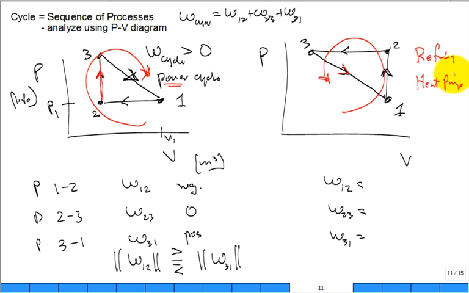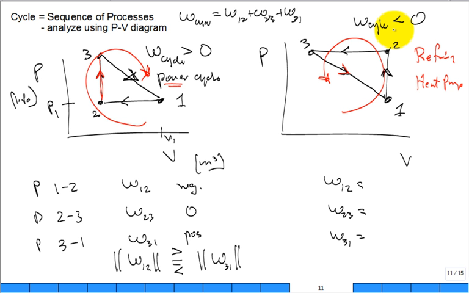Do you want cooling or heating? That's the only difference between those 2 cycles. And guess what the work of the cycle is? The net work of the cycle for this one, where it's either refrigerating or a heat pump, is going to be negative. I have to supply power, or energy as work, to make it work. Does that make sense?